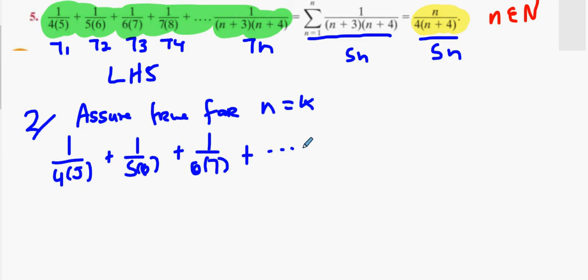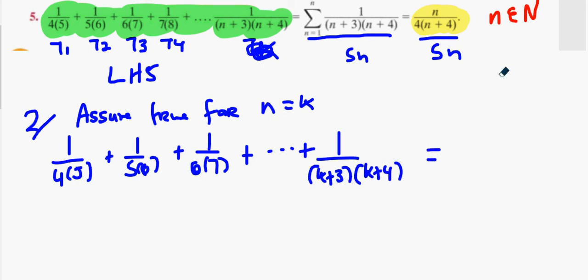Now we're going to use, it's not tn, we're going to use tk. So it's going to be 1 over k plus 3 by k plus 4. And that equals sk, which is k over 4 into k plus 4.